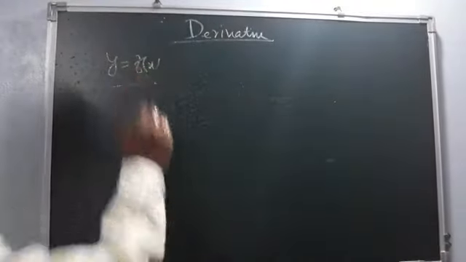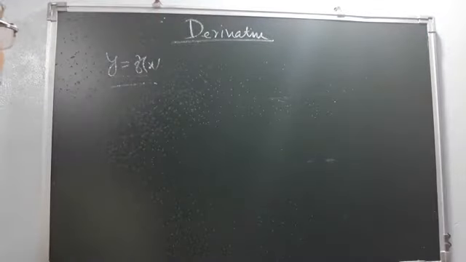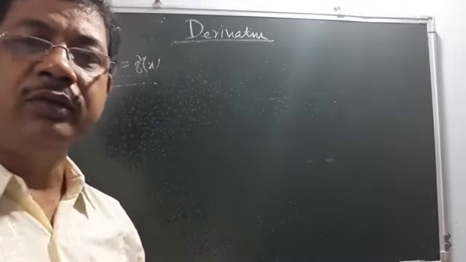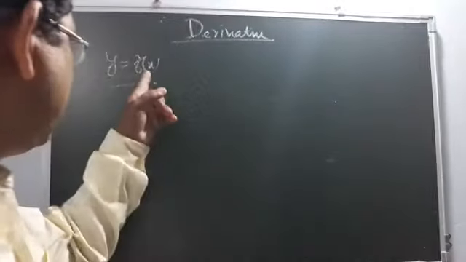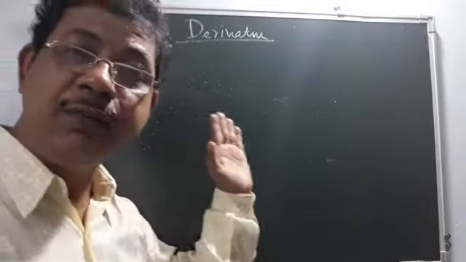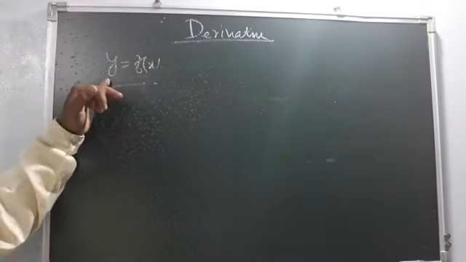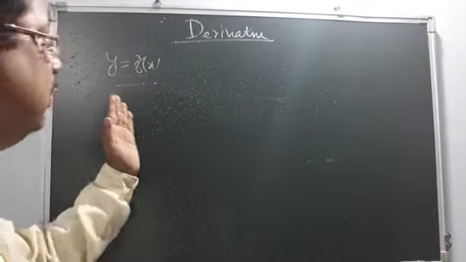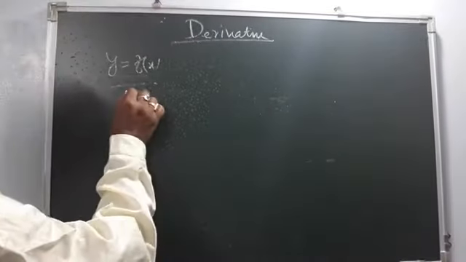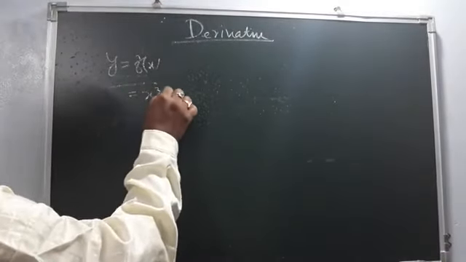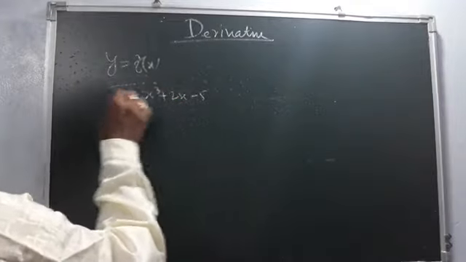y equal to f(x) means y is a variable that depends on the variable x. So x can be called the independent variable. y is the dependent variable, as y depends on the values of x. So it may be like x cube plus 2x minus 5.